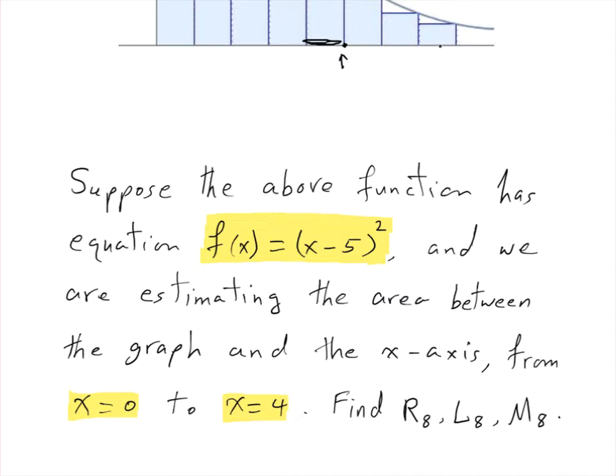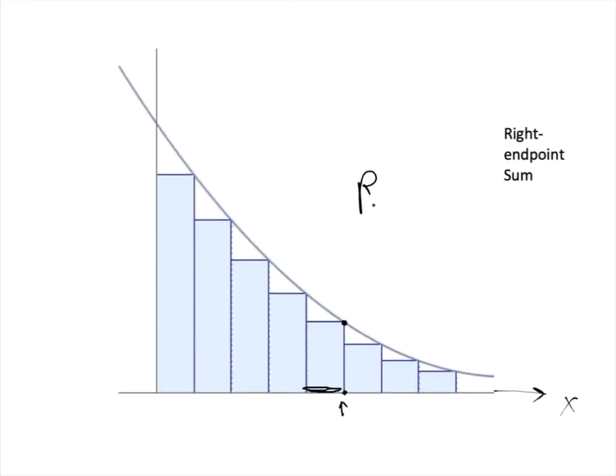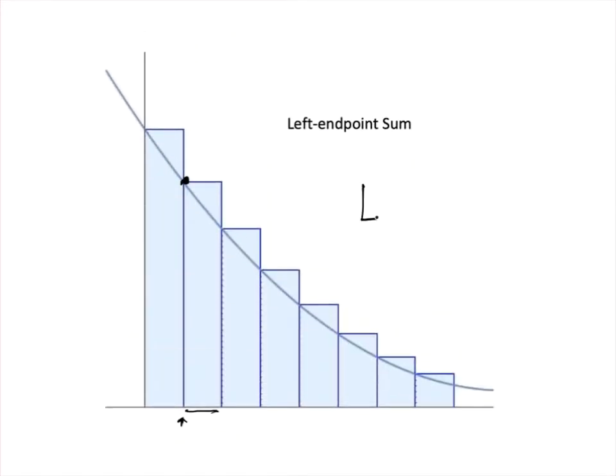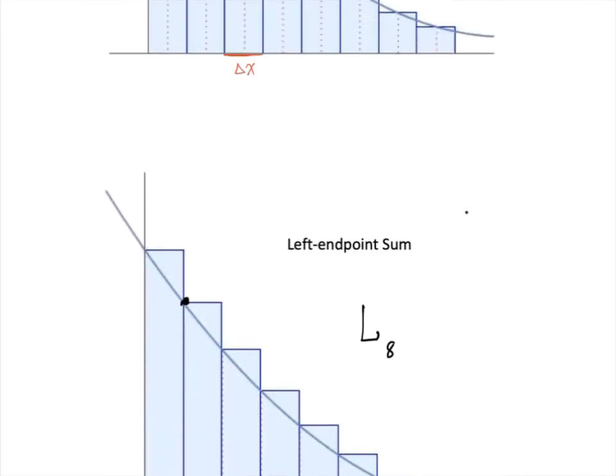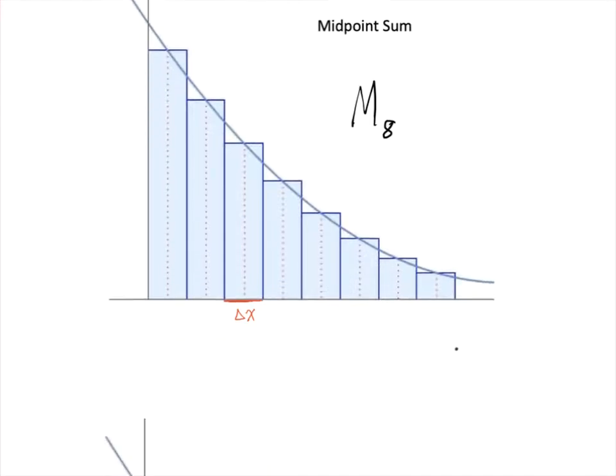The line at the bottom is the x-axis, and we want to do it from 0 to 4. And by the way, for the right sum, we call this R8, and for the left we call it L8. L for left, 8 for how many rectangles, just like M8: M for midpoint, 8 for how many rectangles.